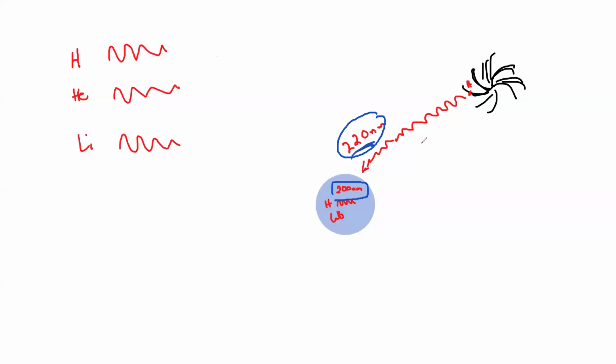This galaxy also contains hydrogen, so it should give the same wavelength as hydrogen in the lab. But the wavelength we receive is longer. So what idea does this give? This gives an idea that this galaxy or this group of stars is moving away from us because the observed wavelength has increased.